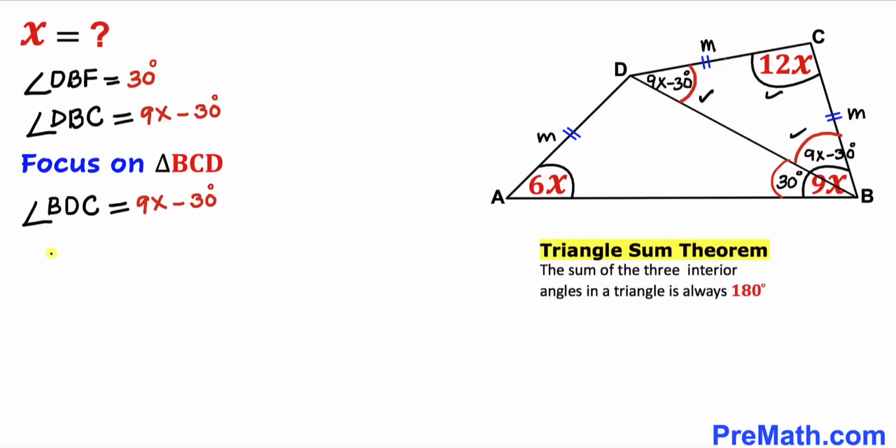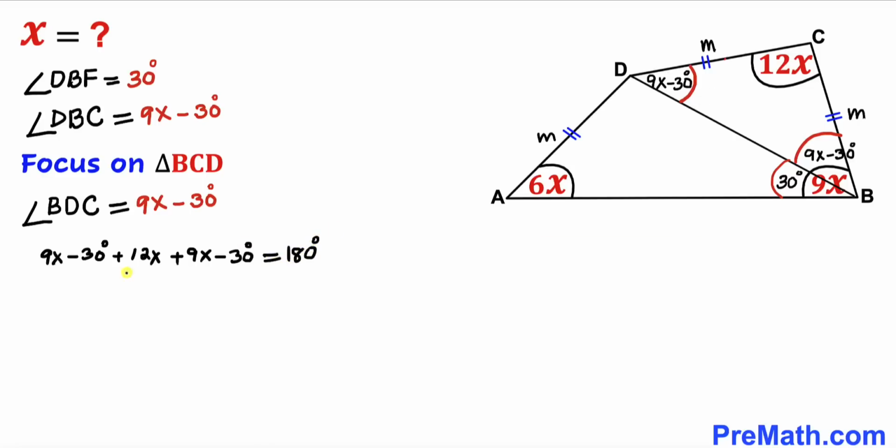Let me write down 9x minus 30 degrees plus 12x plus once again 9x minus 30 degrees, and that should be equal to 180 degrees. Now let's combine the like terms on the left hand side.